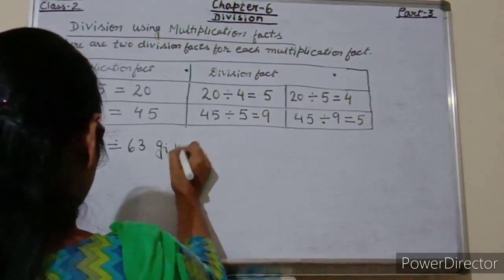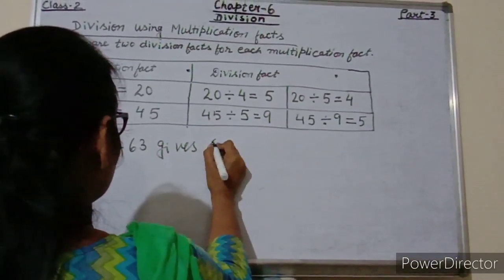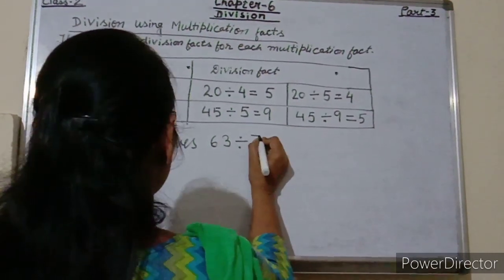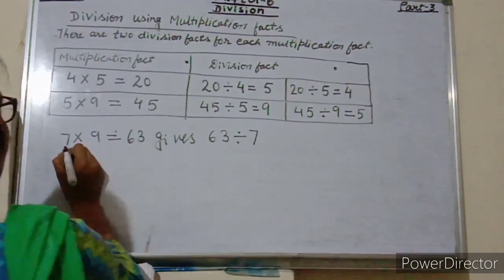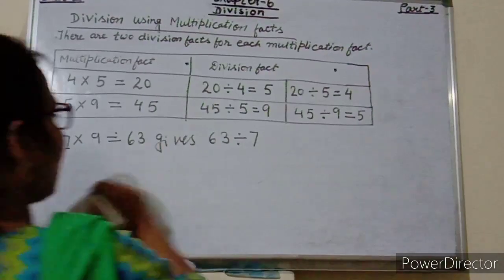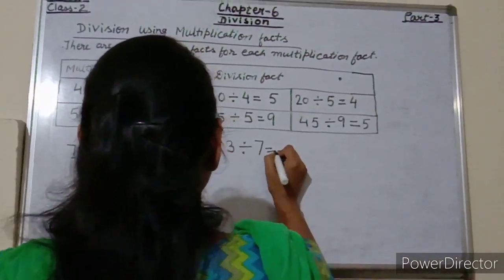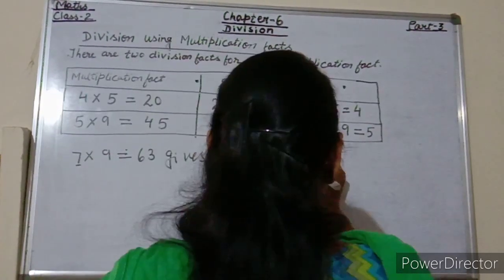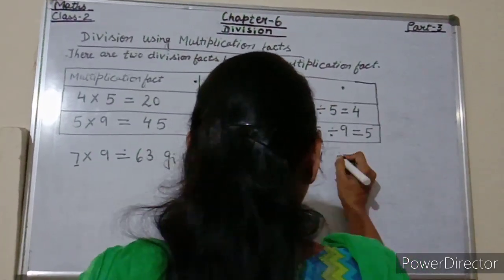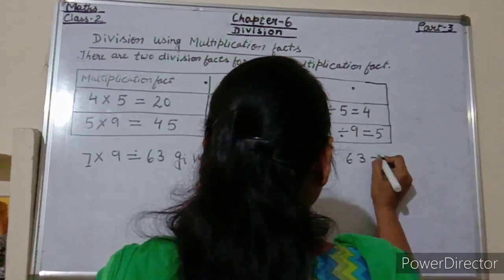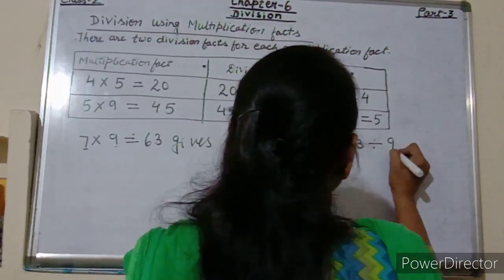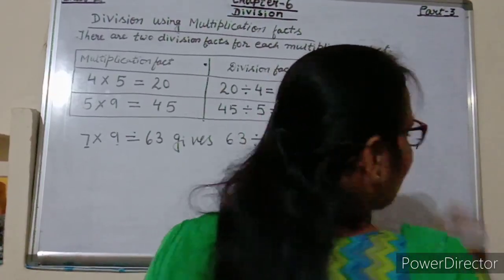So 63 divided by 7 is equal to 9. And 63 divided by 9 is equal to 7.